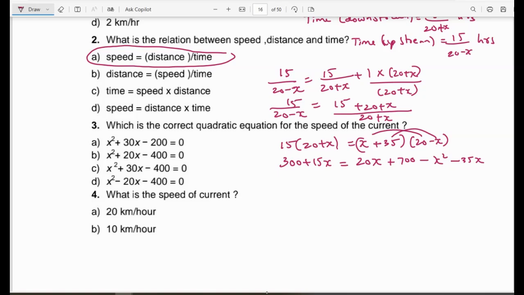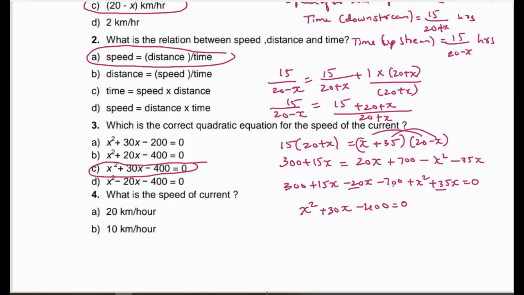So it will be 300 plus 15x minus 20x minus 700 plus x square plus 35x equals 0. So x square, then 15 minus 20 plus 35 will be 30x. Then 300 minus 700 will be minus 400, equals 0. So the equation will be x square plus 30x minus 400 equals 0.